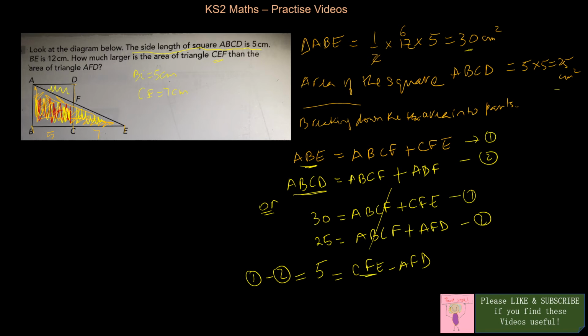The CFE is also CEF, so CEF is 5 plus AFD. So how much larger is the area of the triangle CEF than the area of the triangle AFD? It is 5 centimeters square larger. That's your answer.